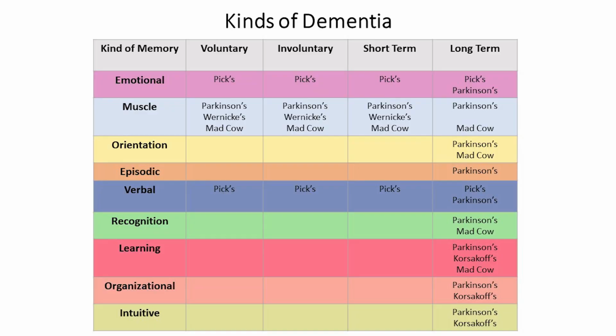But impaired learning, recognition, and orientation are very late aspects of the disease. And Creutzfeldt-Jakob is fatal. 70% of people die within 1 year. So on our chart, we'll place it in the cells for muscle memory in both the short and long term, and we'll place it in the cells for learning, recognition, and orientation memory in the long term only. And on our chart, I'll just call it mad cow.